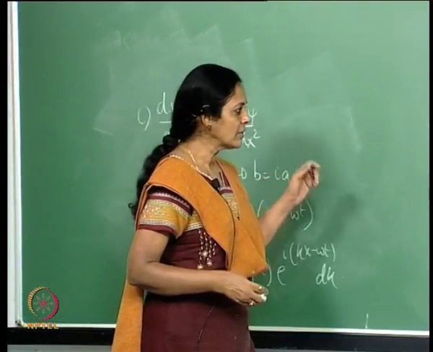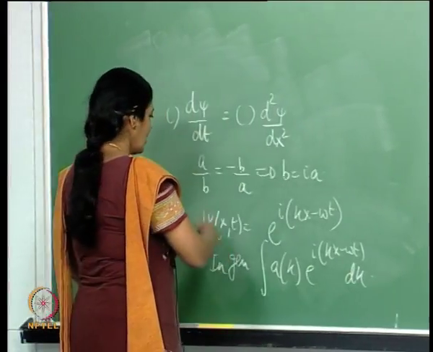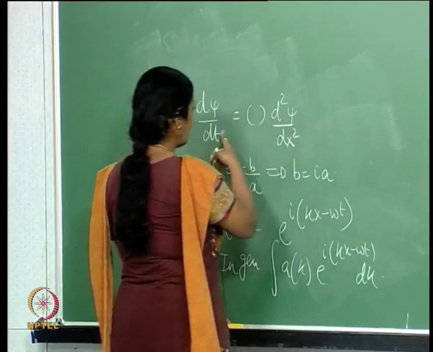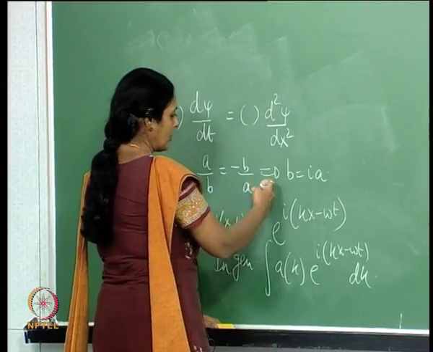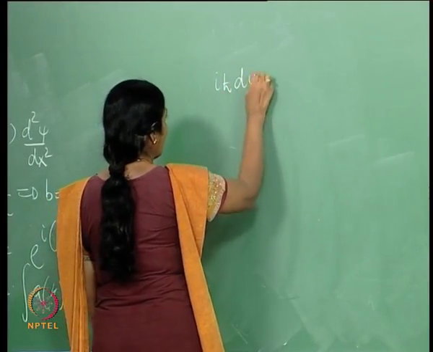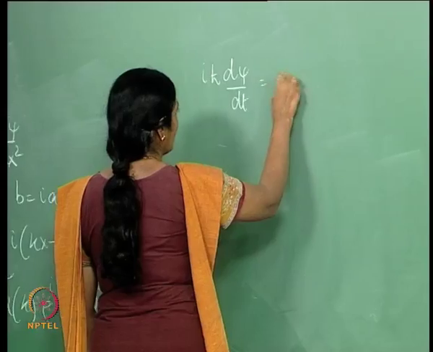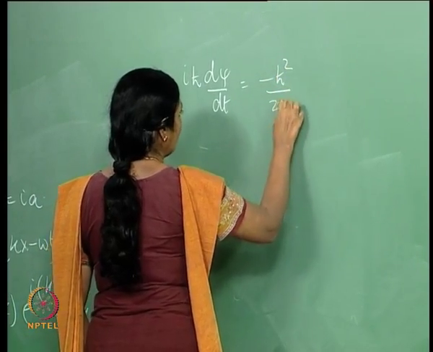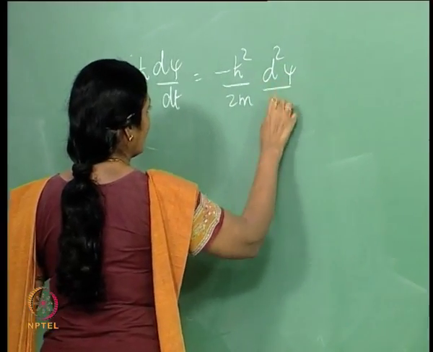That's because the Schrodinger equation is a linear equation. The equation itself, which I have not written down, if you put in these values, you will get i h cross d psi by dt is minus h cross squared by 2m d2 psi by dx squared.